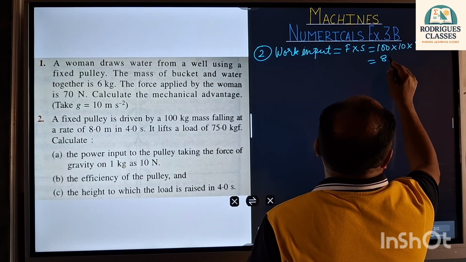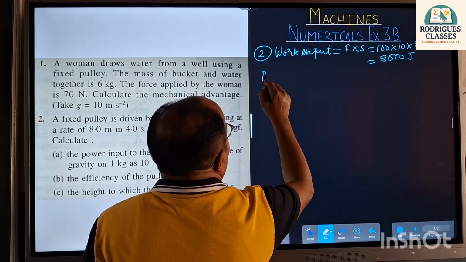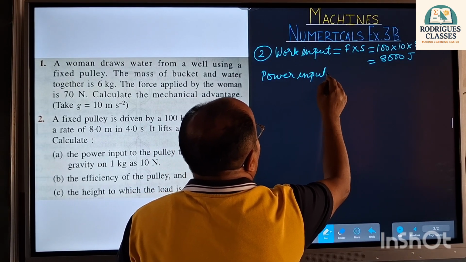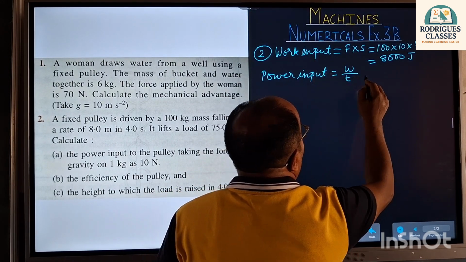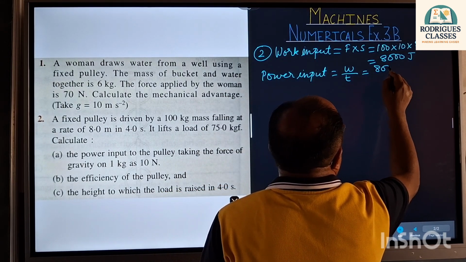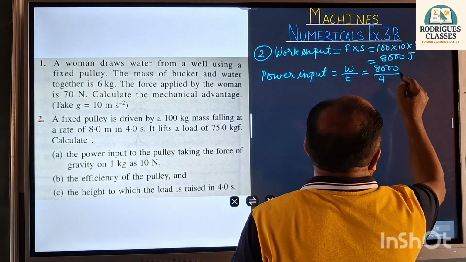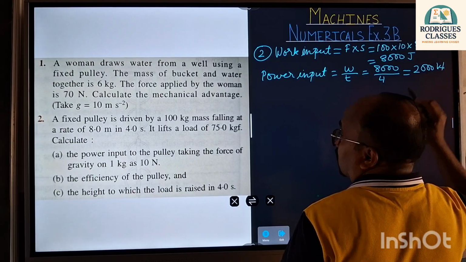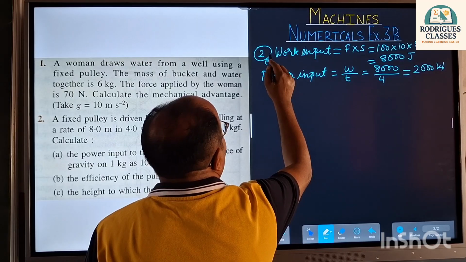So I get 8000 joule. Now I can find the power input by using work done by time. Work here is the work input, so that is 8000 and the time is 4 seconds. So I get 2000 watt. This is the A part which we have done here.